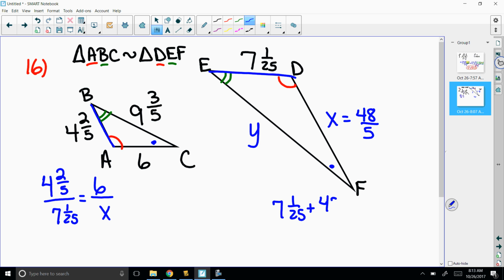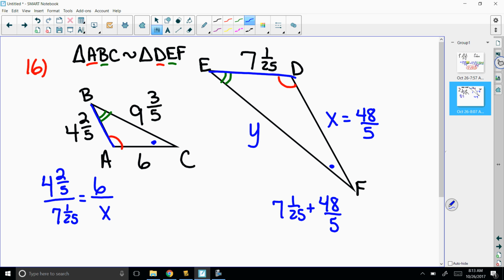So I need to add that length. Did we get... Oh, yeah. Yep, that's 9 and 4/5. Do you agree with that or not? Yeah. I have not typed it in.